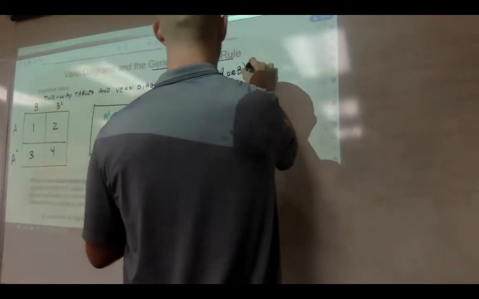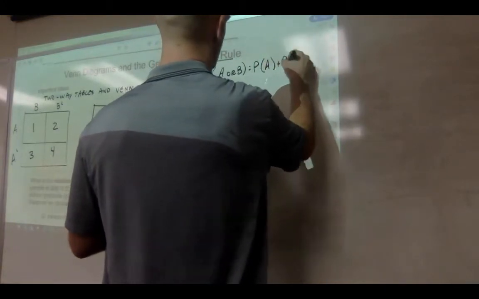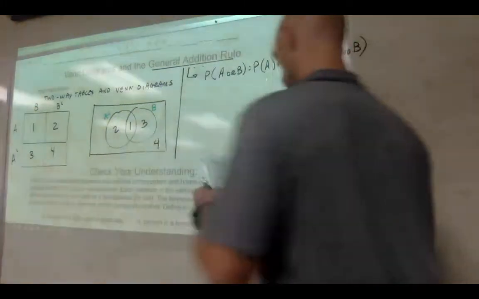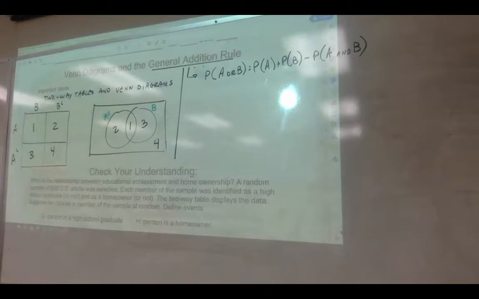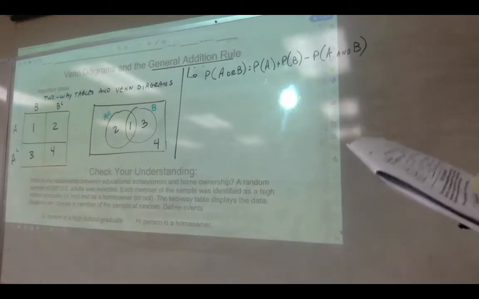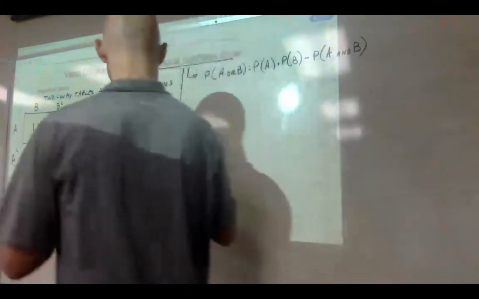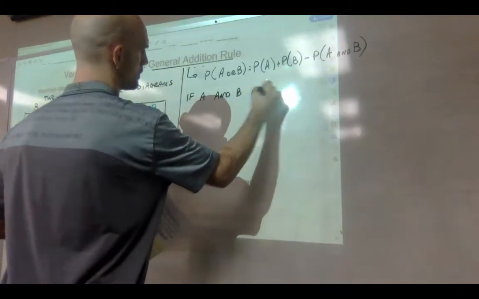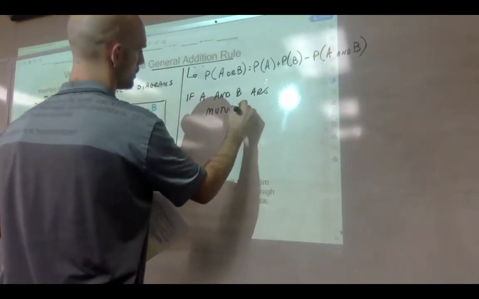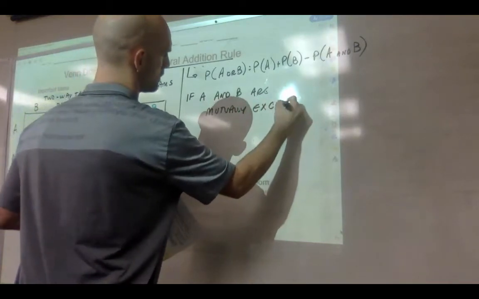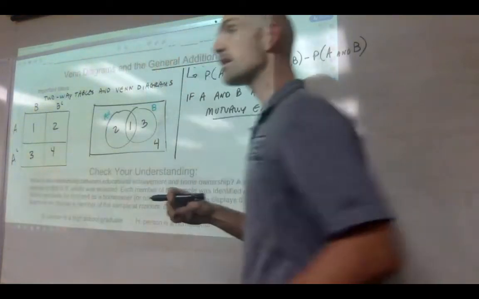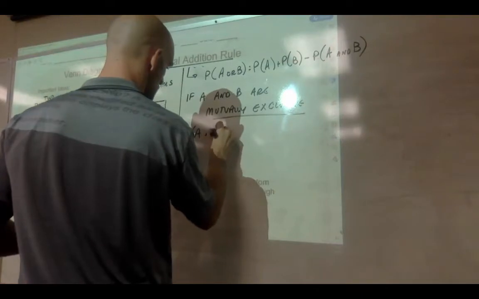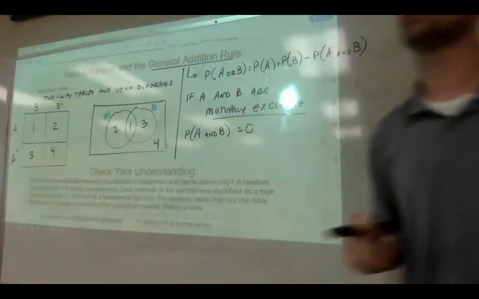The probability of A or B is equal to the probability of A plus the probability of B minus the probability of A and B. If A and B are mutually exclusive, the probability of A and B is 0.